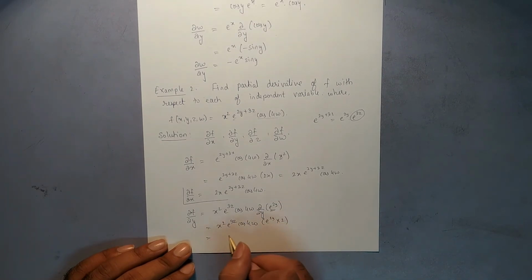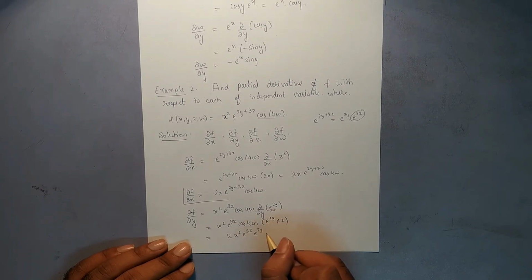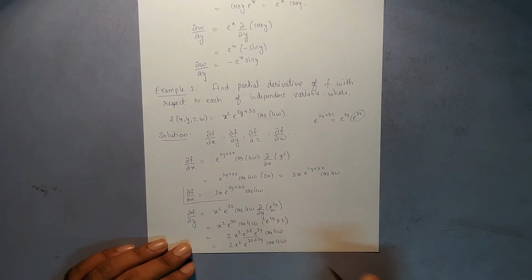So this is equal to 2 x square e raised to 3z e raised to 2y cos of 4w, and together we can write this as 2x square e raised to 3z plus 2y into cos of 4w.